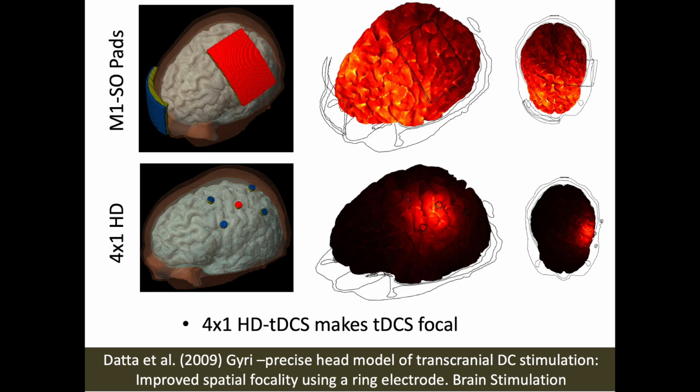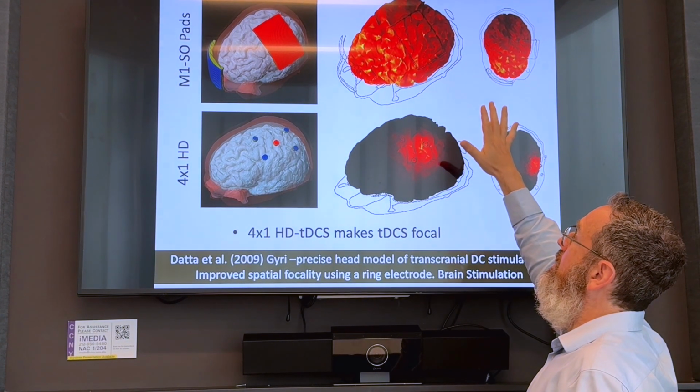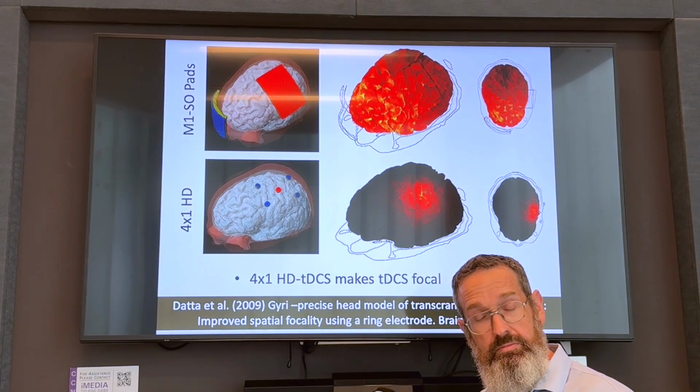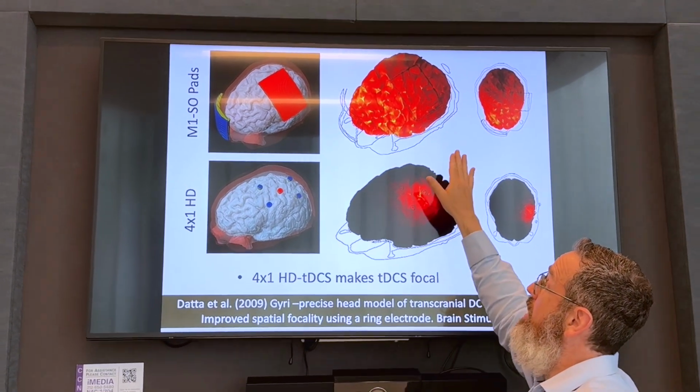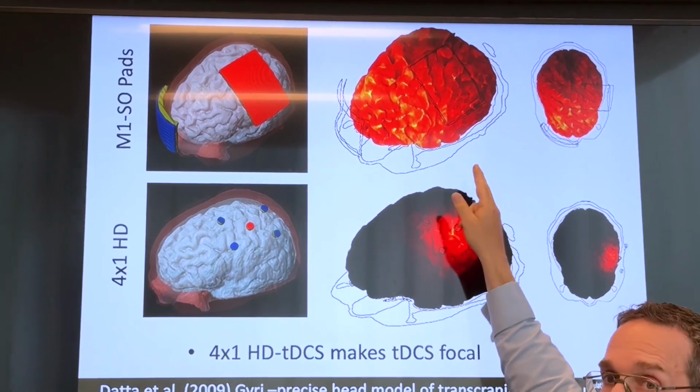And what did we find? We found that when you simulate the M1 SO montage, well, first of all, you will notice right away that the current kind of seems to be everywhere, right? It's certainly not right under the electrodes. It's under them, but it's also all the way between them.